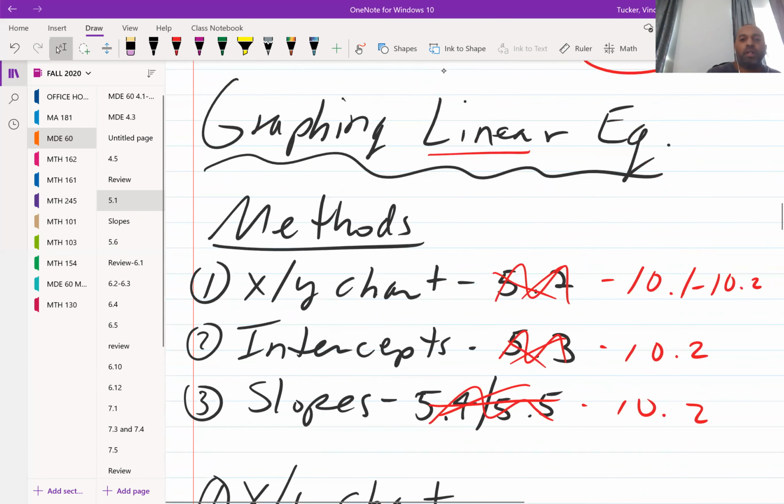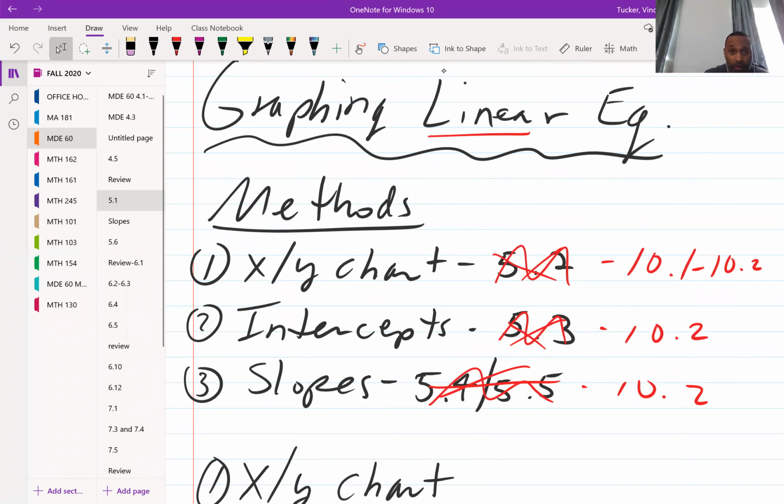All right. So when it comes to graphing linear equations, the equations that give us a straight line, we have three different ways we can do so. The XY chart, which is in section 10.1, and they talk about it in 10.2 again.